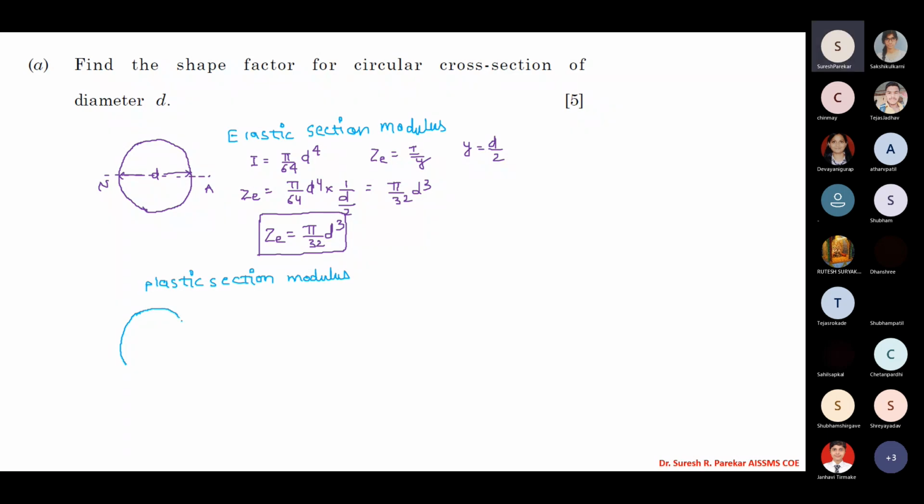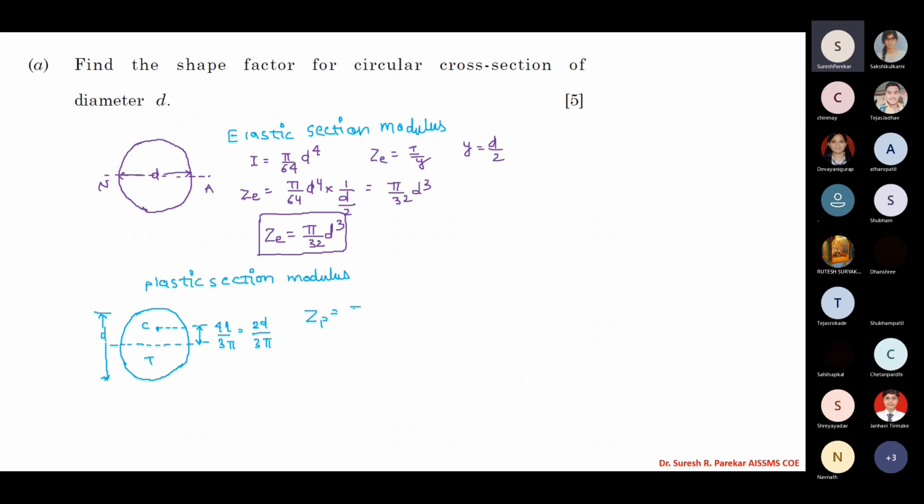Then we have this as D. Now equal area axis again will act at center. We have diameter as D. And its centroid will be at 4r upon 3 pi. But as we are with D, so it becomes 2d upon 3 pi. And therefore we have Zp is equal to, now again it is symmetrical. So compression tension we have same.